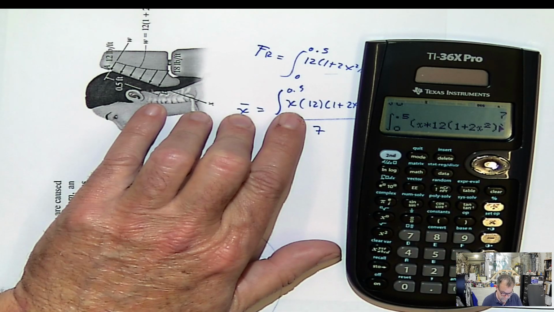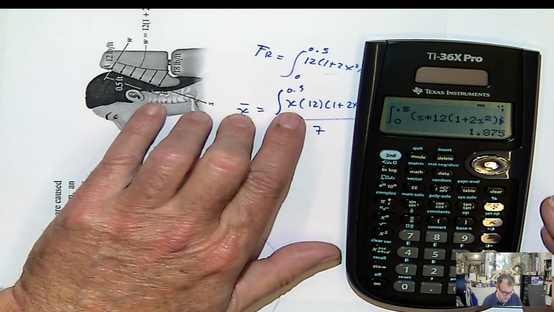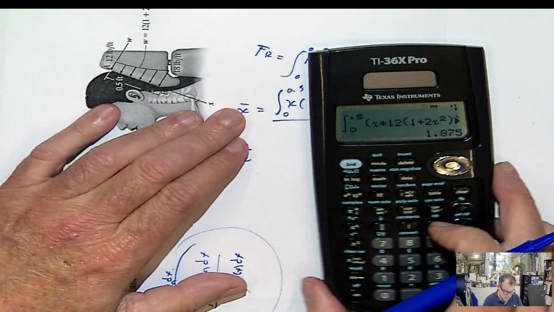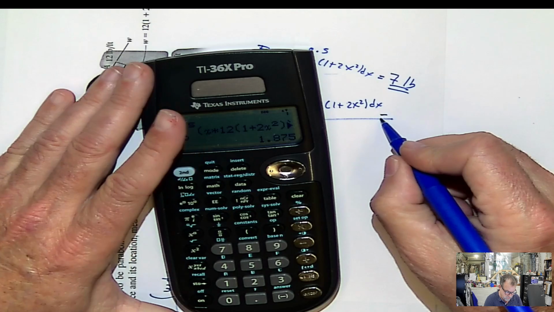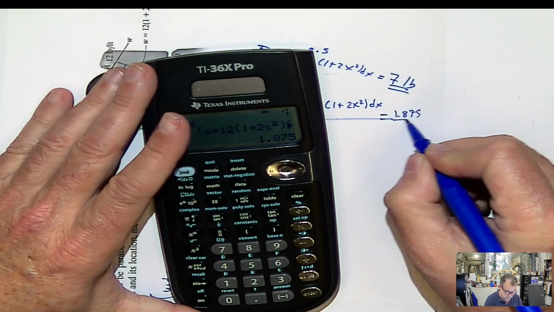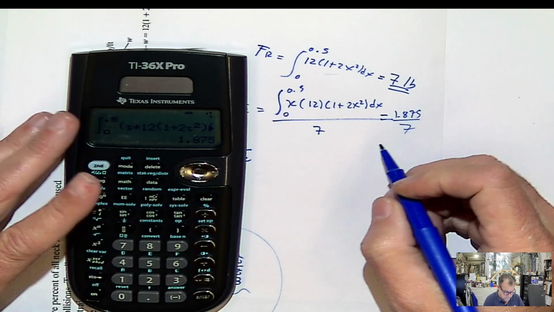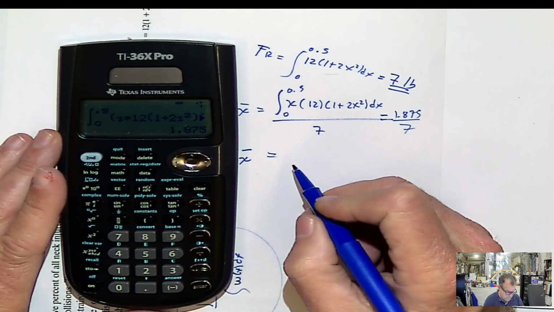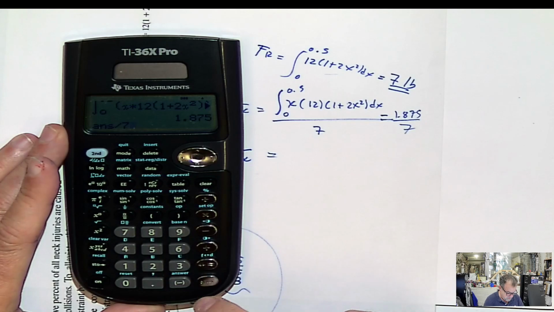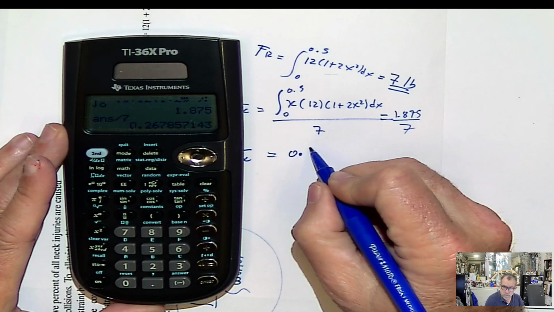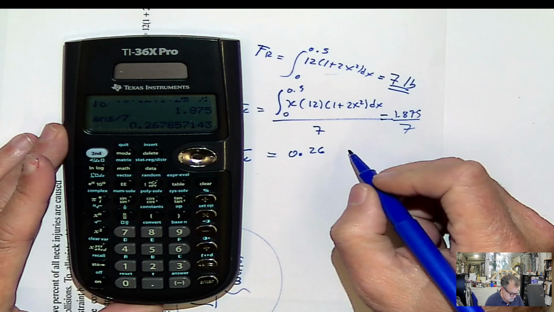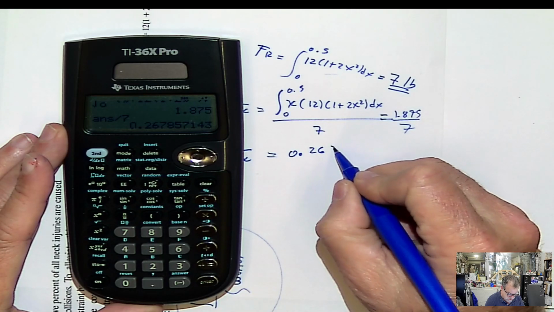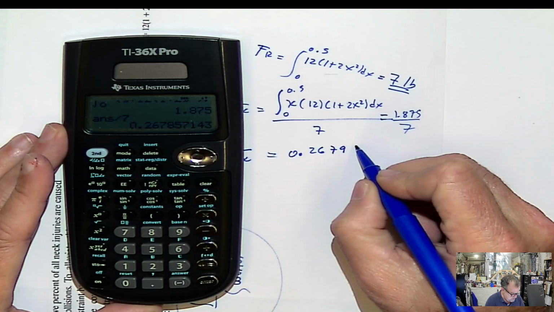I hit enter, and then I get that value, and that value is the numerator. So it's going to be 1.875 divided by 7. And the result for the location should be then 0.2679 feet.